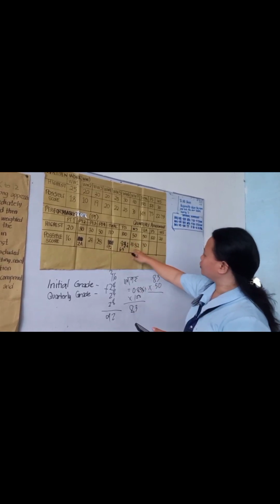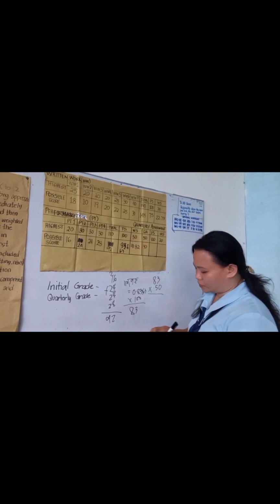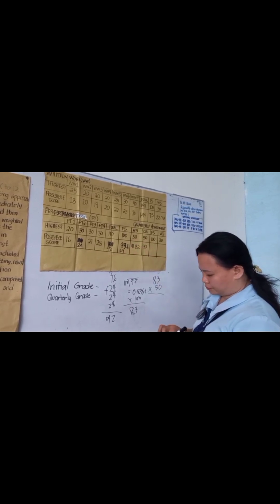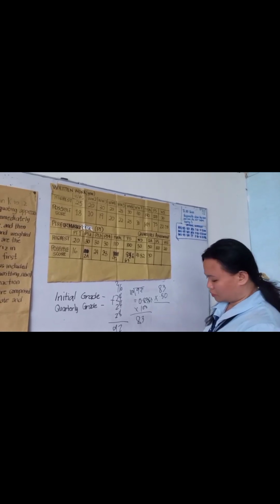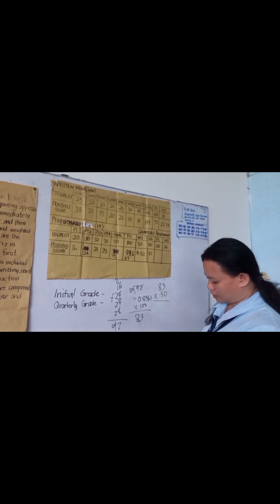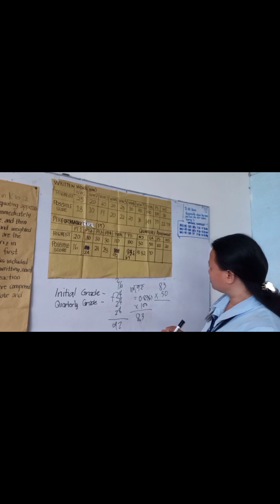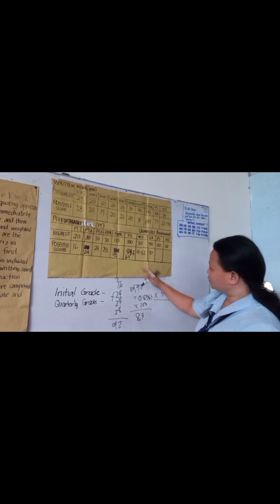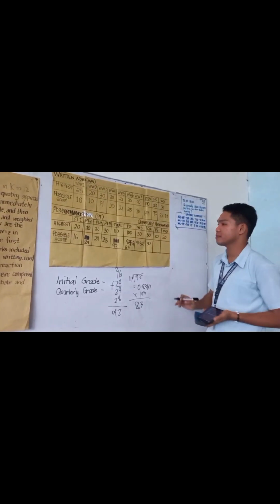And then, in order to get the weighted score, we're going to multiply this 83.63 by 50%. So 83.63 times 50% is equal to 41.82.